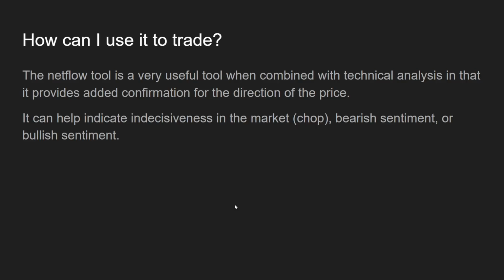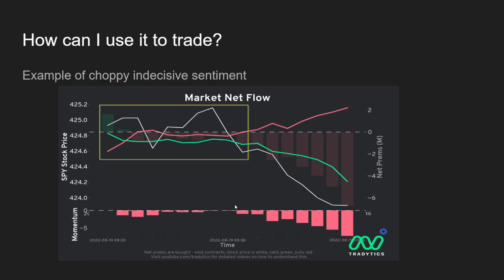So I provided here some examples on different types, which is basically three main categories that we're going to be looking at in these charts. First one would be the choppy, which is the indecisiveness. As you guys can see over here inside this yellow rectangle, we have both calls and puts below the zero dotted line, and they're very close to each other. This is very indecisive at this point, and as long as it's showing indecisiveness, you're going to translate that into choppy action on the market.